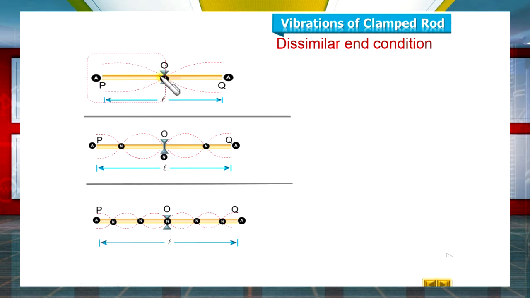In this section you can observe a half loop, right? And this section has one complete and one half loop. That means this is 3/2 loops. And for the higher frequency, this has two complete loops and a half loop, that is 5/2 loops, right?